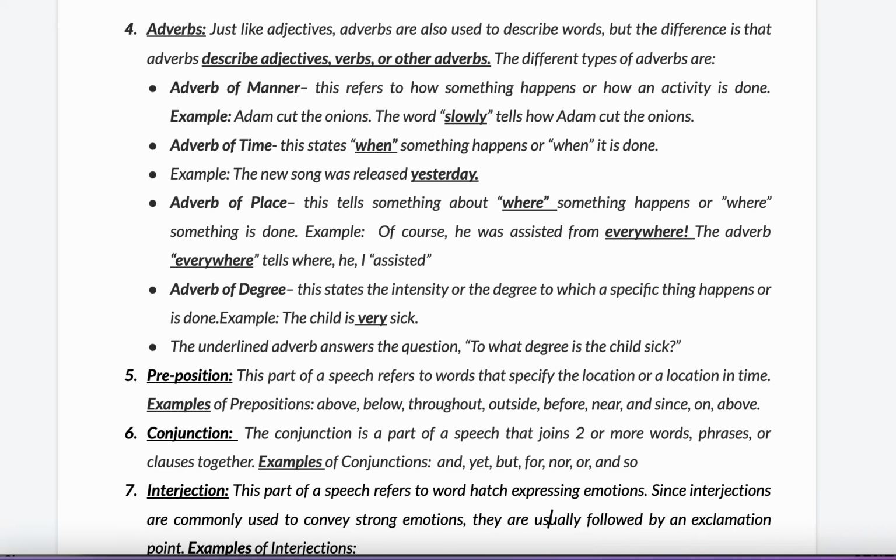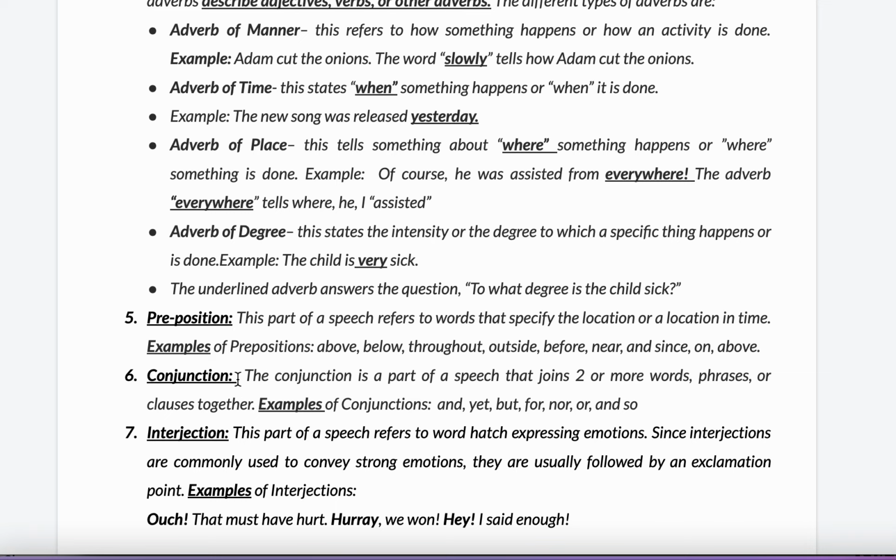Let's talk about the next one, conjunction. A conjunction is a part of speech that joins two or more words, phrases, or clauses together. It is a word that we use to join or combine two phrases, words, sentences, paragraphs, whatever. Like "and." Ali is a student.